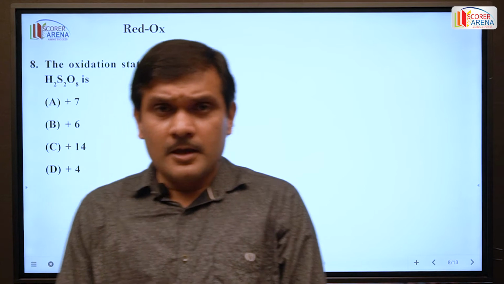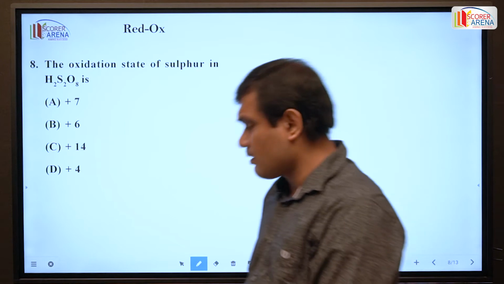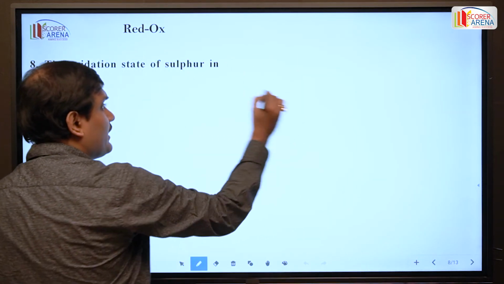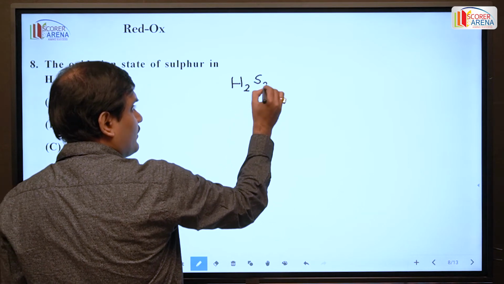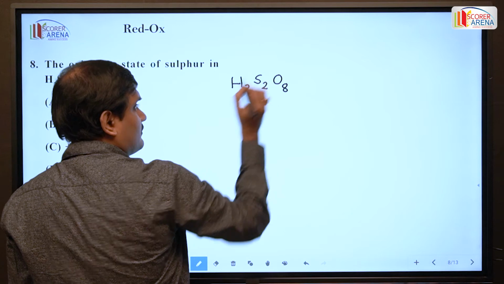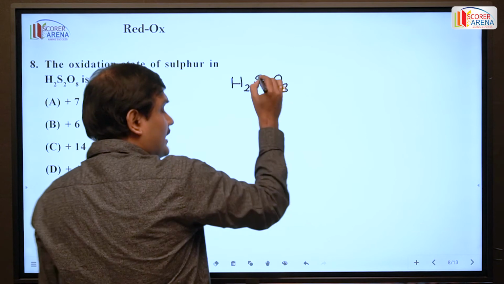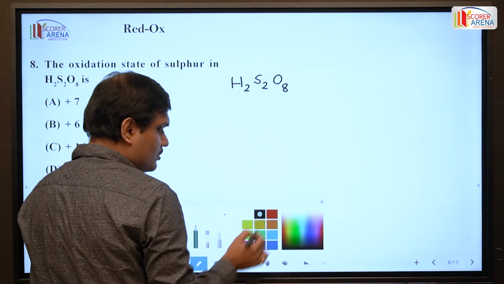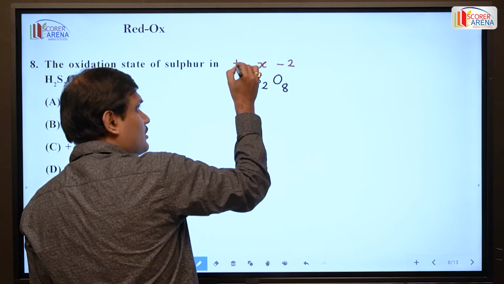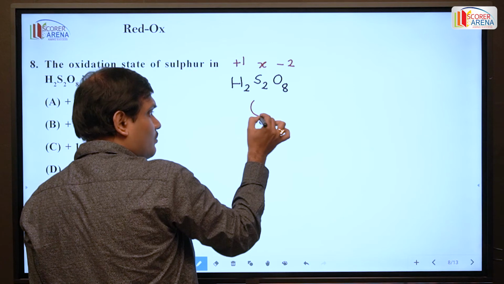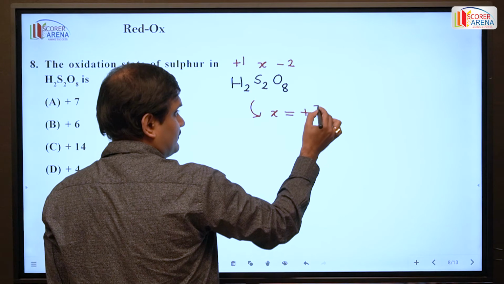Here again we have to find the oxidation state of sulfur in a compound like H2S2O8. Now, if I use the same method as the previous one, taking sulfur as x, oxygen is -2 and hydrogen is +1, we calculate the value of x.